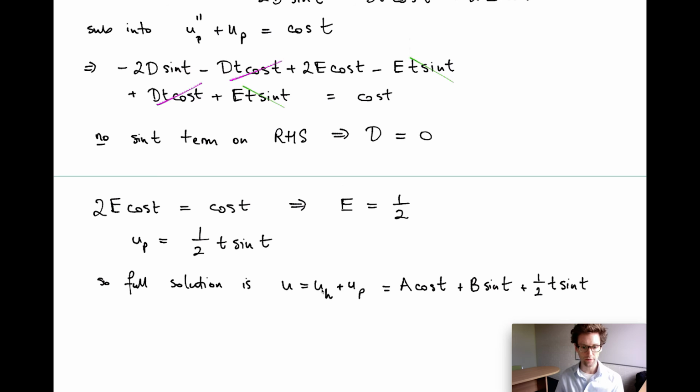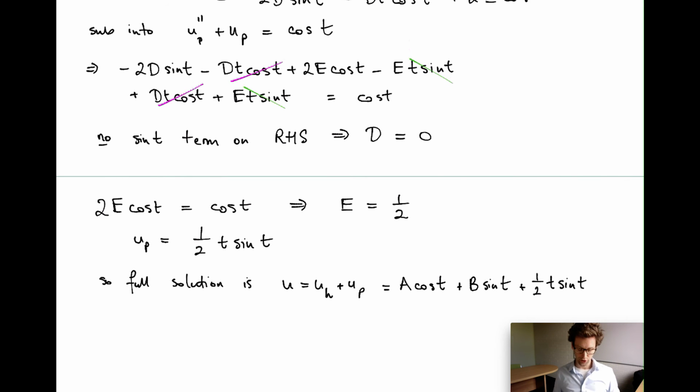You notice that our full solution only involves two unknown constants of integration. This is a second order differential equation, so the most number of unknowns that can still be in here is 2. And the other unknowns, d and e, are fixed by the method of undetermined coefficients.